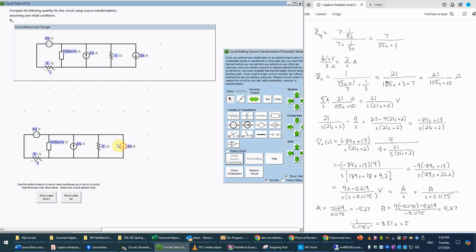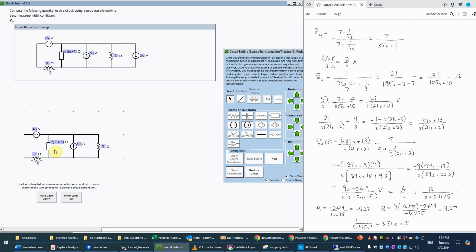Remember, zero current is an open circuit, not a short circuit. Once again, if we shorted this, we'd be destroying a large part of the circuit, which would certainly not be correct because that was not the case originally. So I can use the delete key, or I can do it with the right-click menu, either way. Okay, so we've combined those current sources. We'll check that combination with this button, and that is correct.